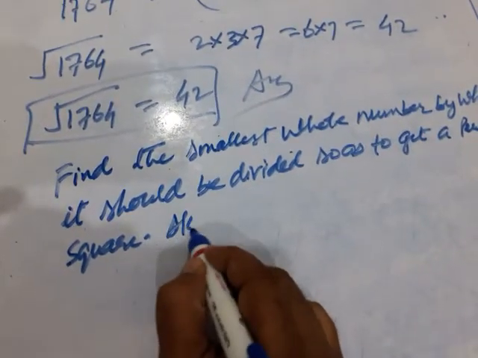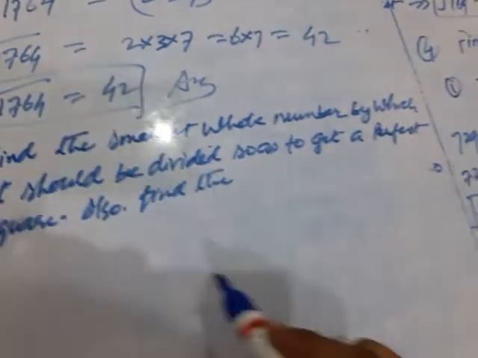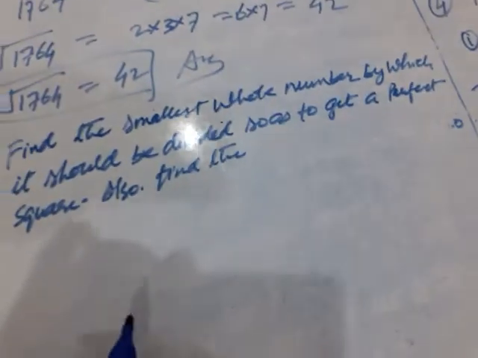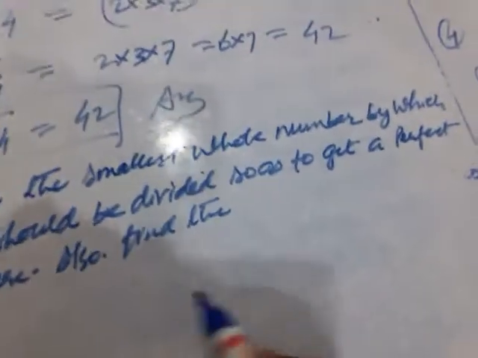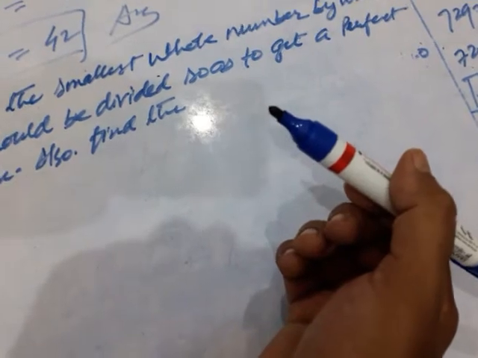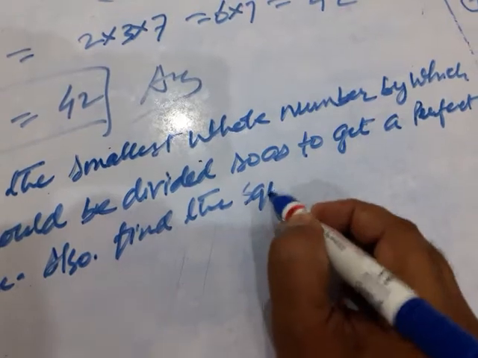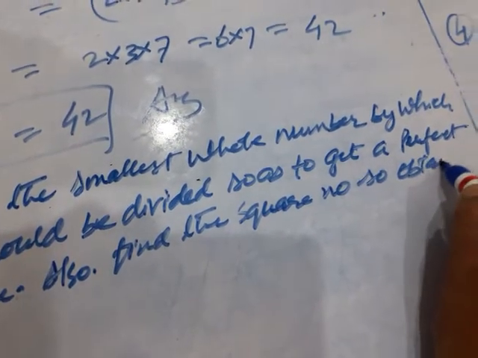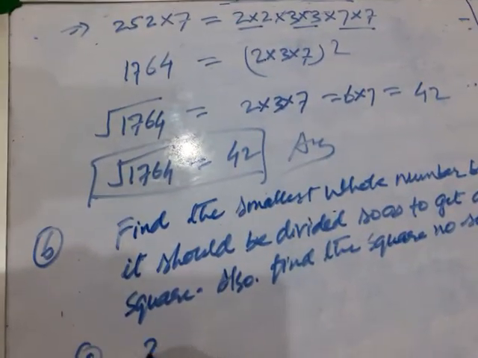Again, the first question is 252 only children.